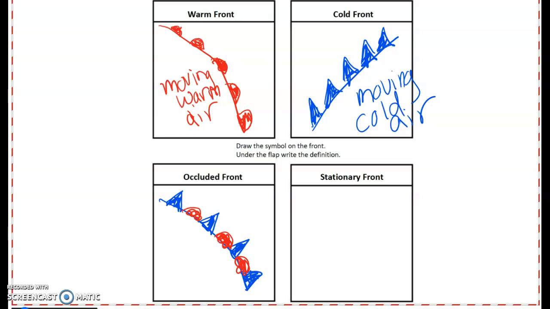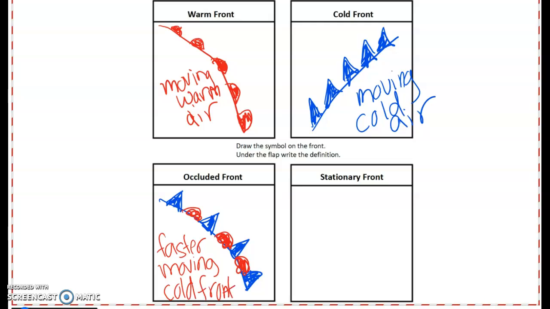And an occluded front is a faster moving cold front.